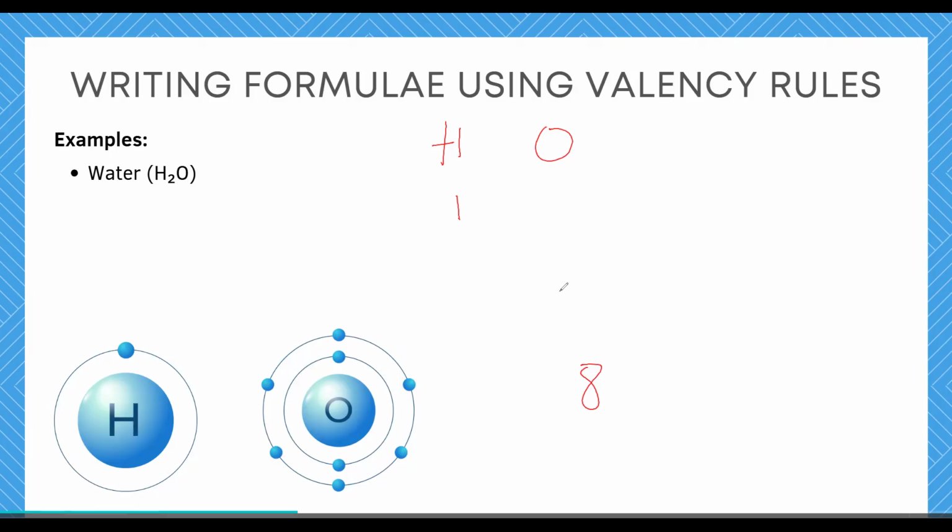Good. There are 6 electrons on the outermost shell of oxygen. But we need 8 for it to be balanced. So how many more electrons can oxygen gain? Two. Good. Oxygen has the capacity to gain 2 more electrons.